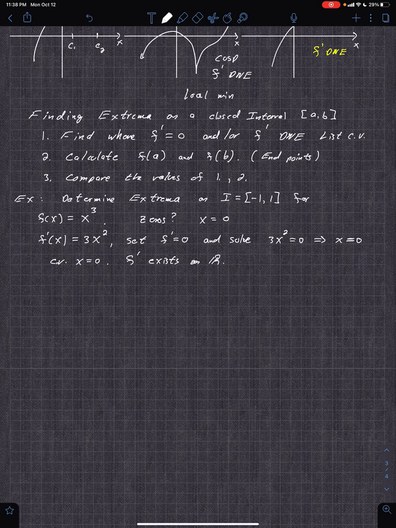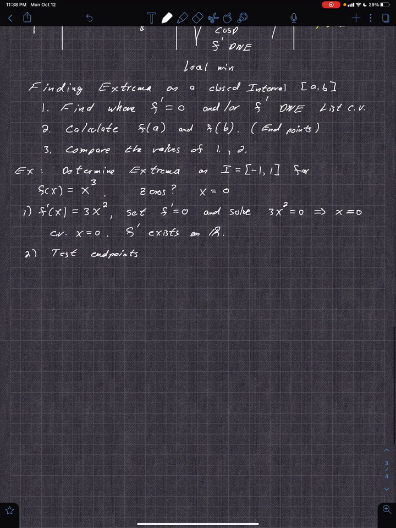Okay, so that's 1. So 2 is test endpoints. So endpoints are f of -1, that's just -1.